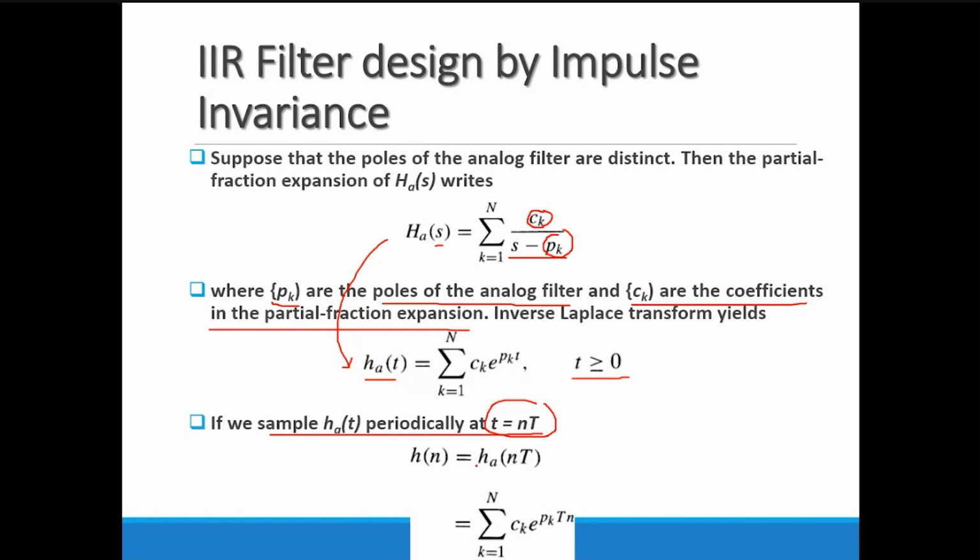So h(n) is nothing but ha(nT), meaning your analog signal is sampled with t equal to n into capital T. So instead of a continuous signal, now you are getting the sampled signal, and the notation changes. The equation is summation from k equal to 1 to N of ck e raised to pk nT. Instead of small t, you write n times capital T.